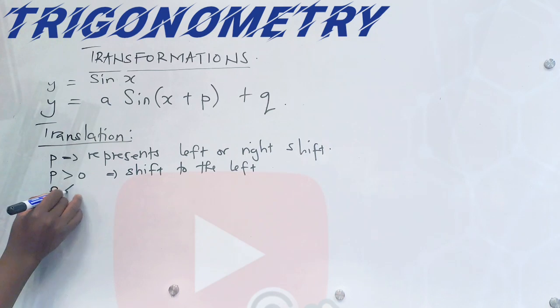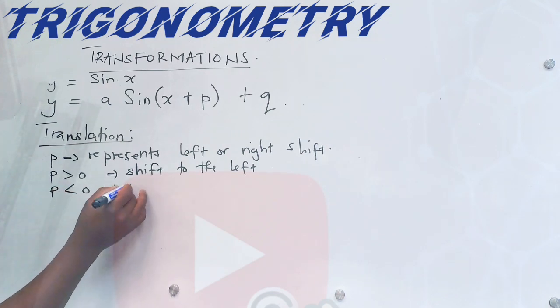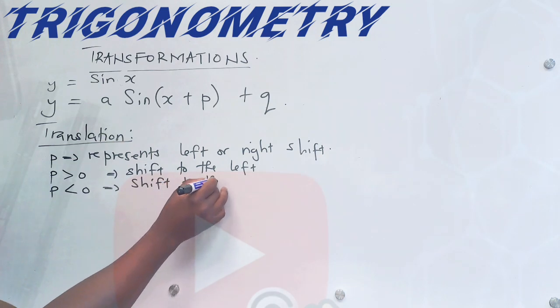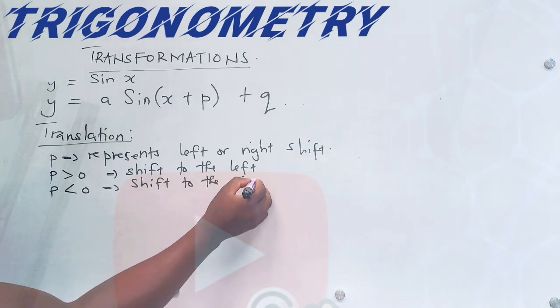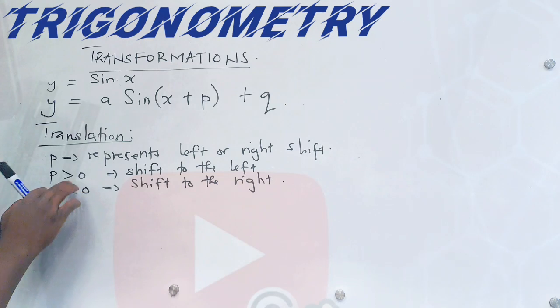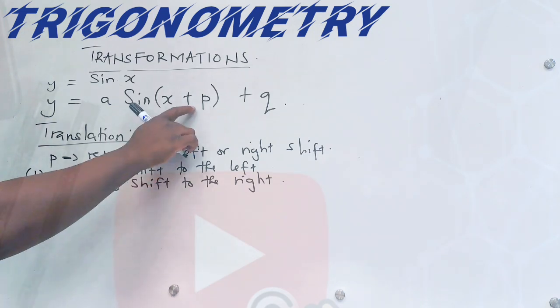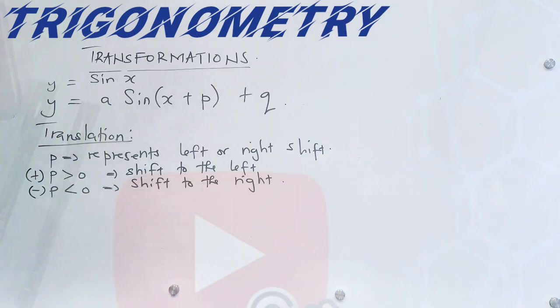Then when P is less than 0, it represents shift to the right. When I say P is greater than 0, I'm just trying to say P is positive. When P is less than 0, P is negative. So if you see a negative P here, it means your graph is being translated P units to the right. If it is positive, P units to the left.